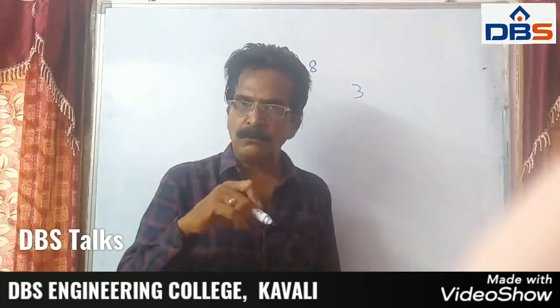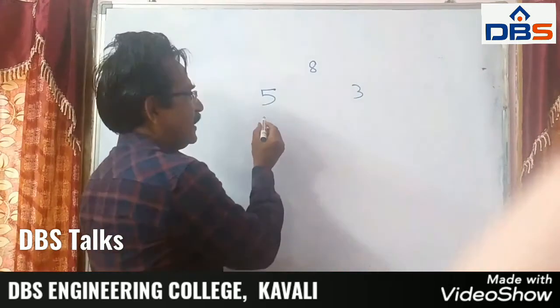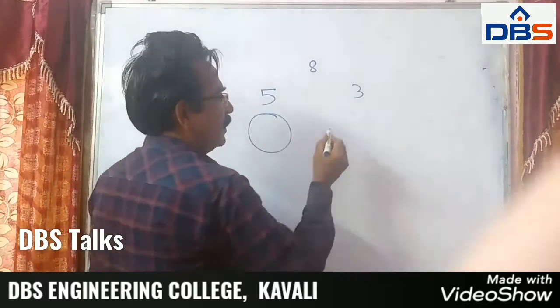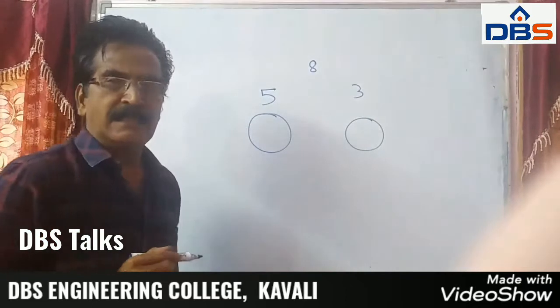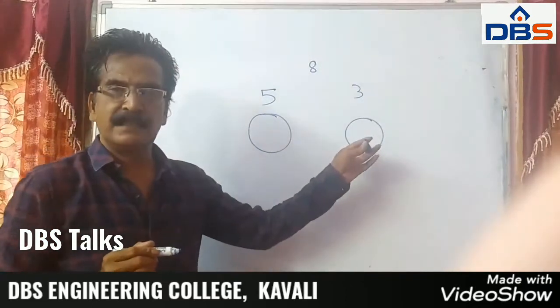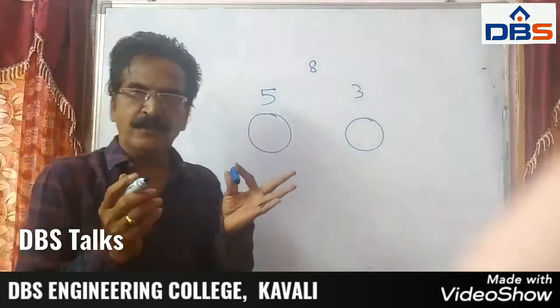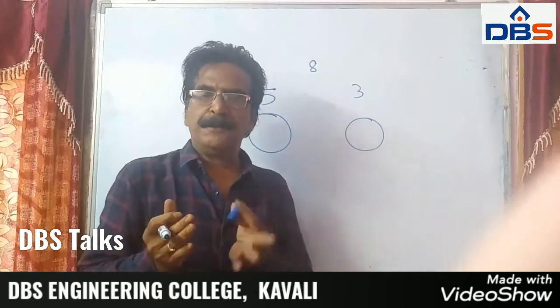There are 2 round tables. 5 guests are to be seated around this table and the remaining 3 guests around this table. See, first we have to select 5 persons.